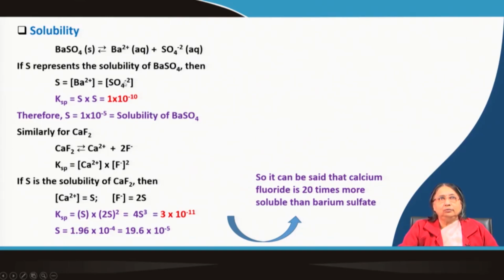Although the solubility product of barium sulphate is higher compared to calcium fluoride, the solubility of calcium fluoride is higher compared to barium sulphate. So, it can be said that calcium fluoride is 20 times more soluble than barium sulphate. Looking at the solubility product, immediately without thinking, we might say that whichever has the higher solubility product is more soluble, but it is not like that.